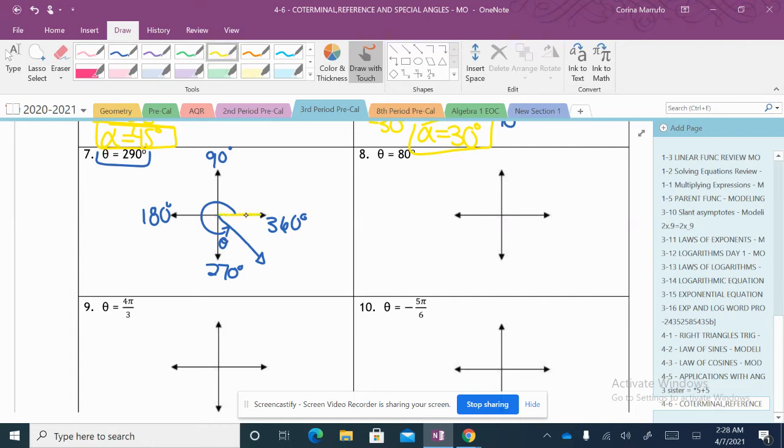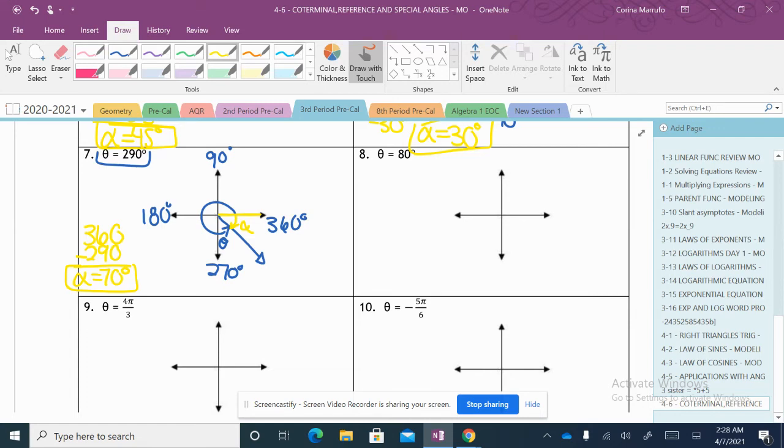So we're going to use the positive x-axis because it's closer to the terminal side. Okay, so that's going to be my alpha. So to find that, one full circle is 360. We subtract our angle, which is 290, and that gives me 70 degrees. So that is going to be my reference angle.